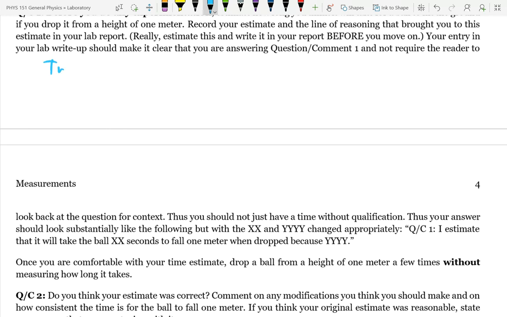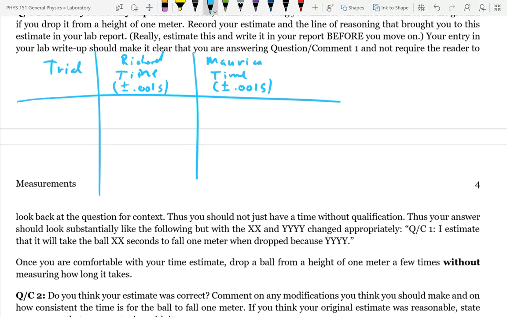Trial, time. Okay, so I only have 3 there, but I put my data like this.